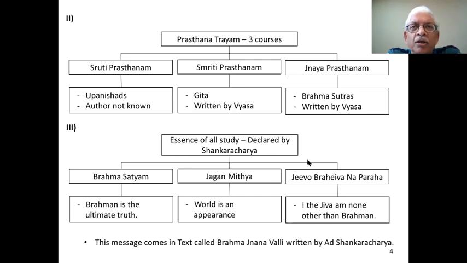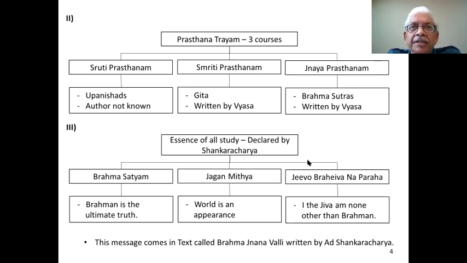Brahman is the totality which exists in this universe, but it doesn't change. That is why it is called Satyam. It never changes. This is one of the rare findings of Shankaracharya.